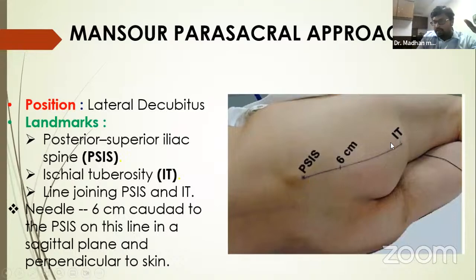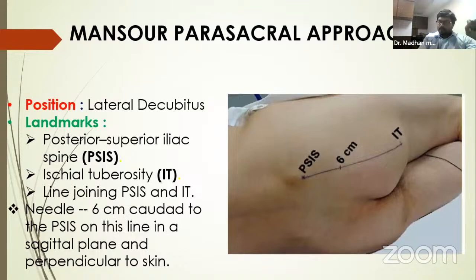Now we draw a line connecting both, and the needle entry point will be 6 centimeters distal to the posterior superior iliac spine. So this will be the needle entry point, and being a deeper block, you need a 10 centimeter or even 15 centimeter stimulating needle, because this muscle itself is bulky and fat may be there. So in an adult patient, you may require a longer needle.